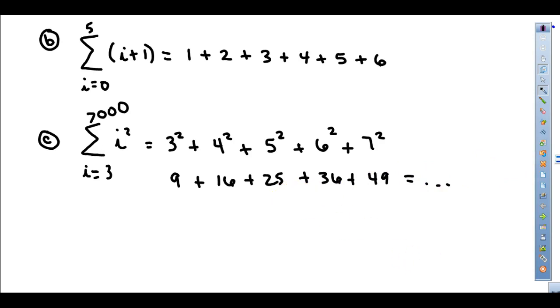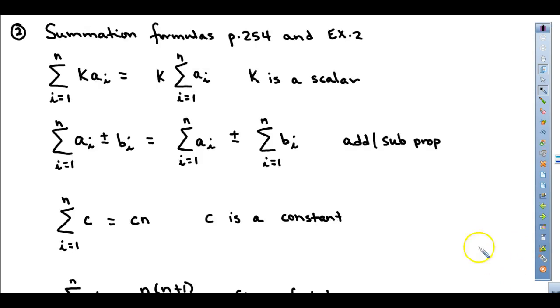So, for that reason, there are some formulas that help you out, and they're listed at the top of page 254. Some summation formulas right here.